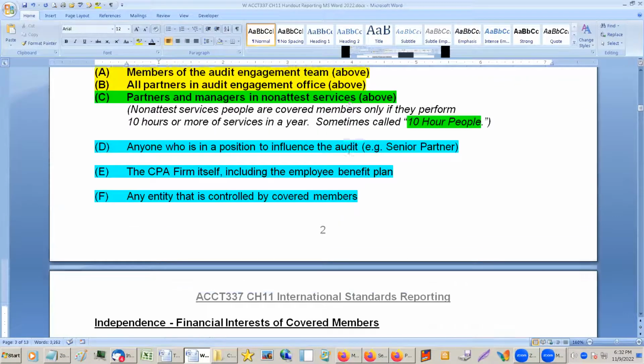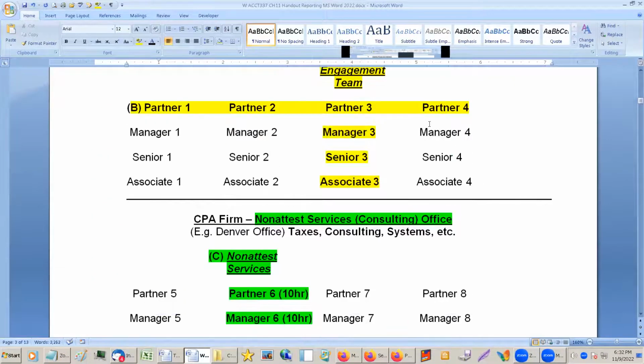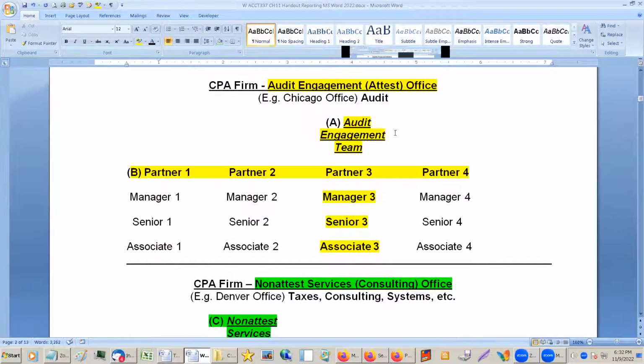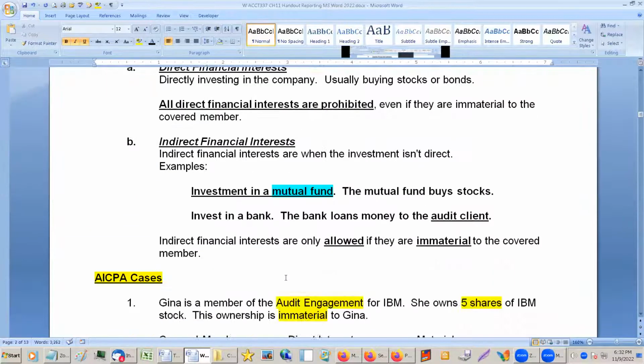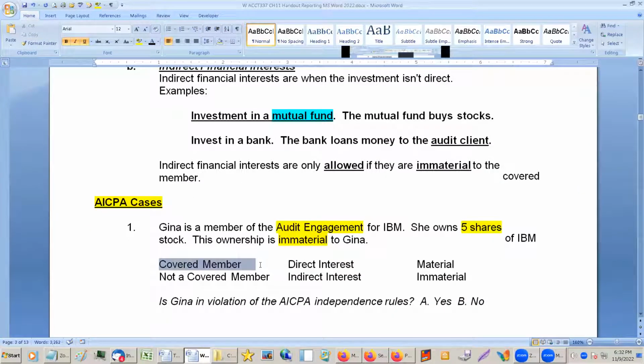She's a member of the audit engagement team, so yes, she's a covered member.